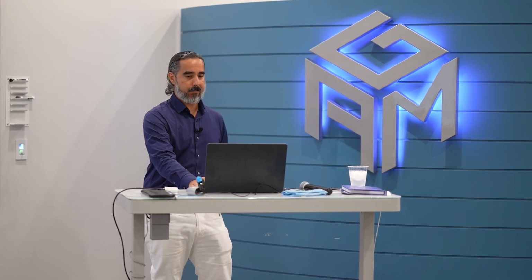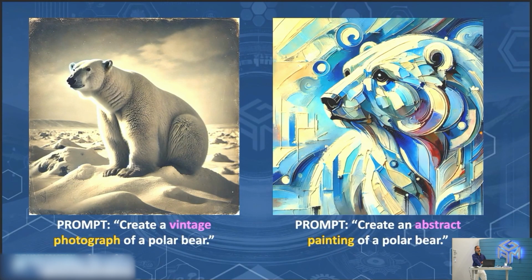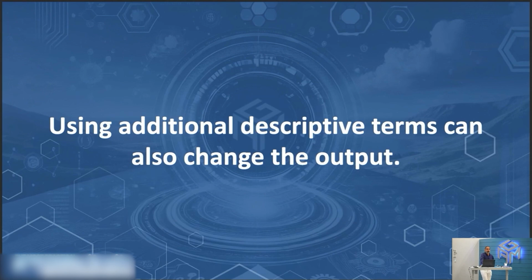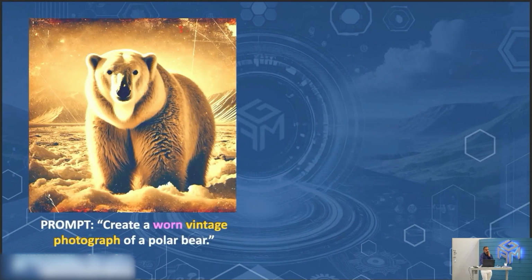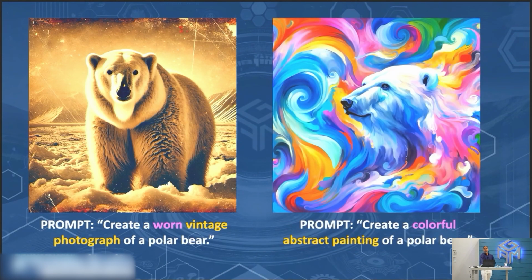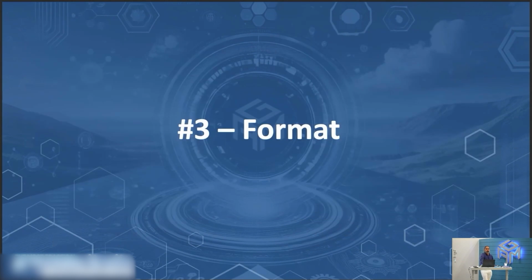I can say, give me a realistic picture of a home worth about $2.5 million with 4 floors on it, with a landscape full of palm trees, and doing that shot with a Sony FX3 camera. Let's try with the same image concept. So we've got here: create a vintage photograph of a polar bear. Create an abstract painting of a polar bear. Using additional descriptive terms can also change the output. Create a worn vintage photograph of a polar bear. Or create a colorful abstract painting of a polar bear.